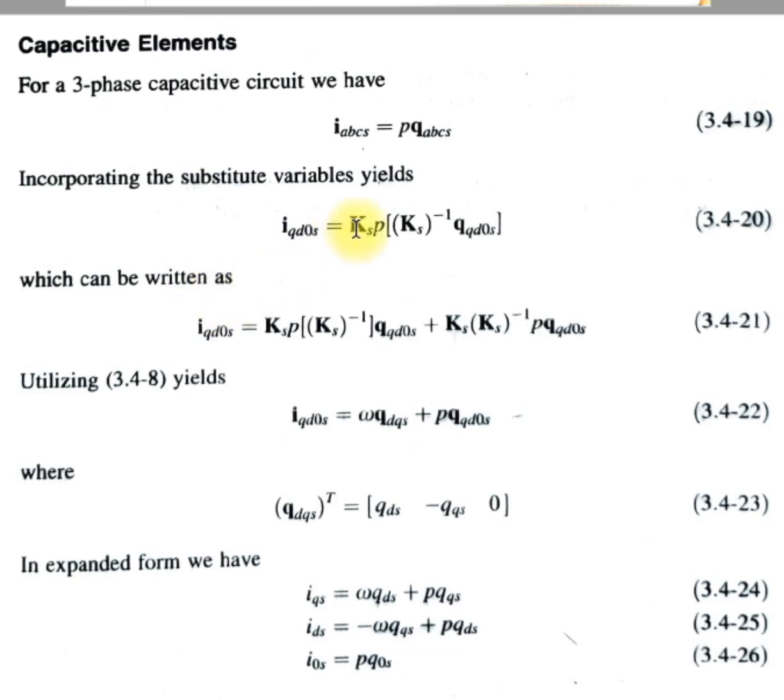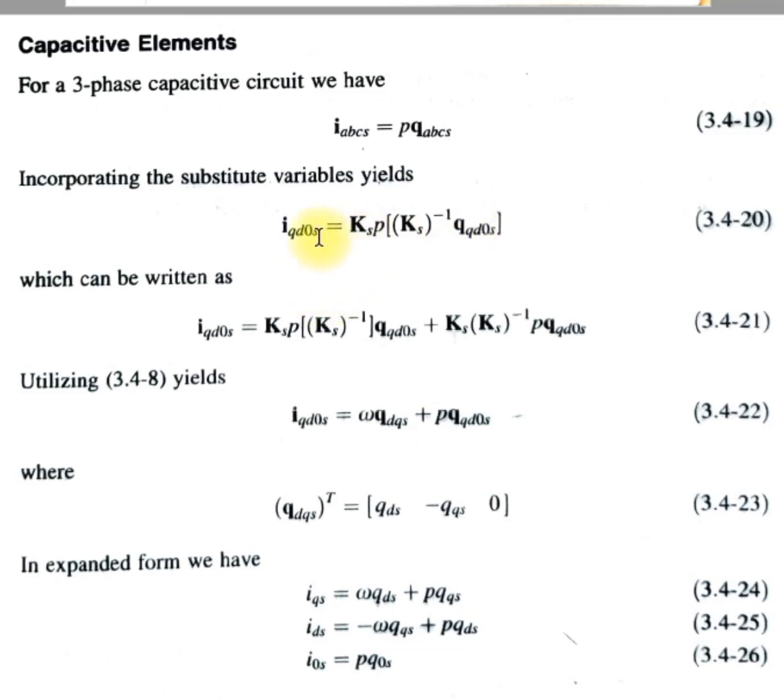Again, substituting the same things, here it has to be Ks inverse into I of QD0S. Ks inverse taken on the right hand side becomes Ks. P is as it is, and Q of ABCS is taken as Ks inverse into Q of QD0S.